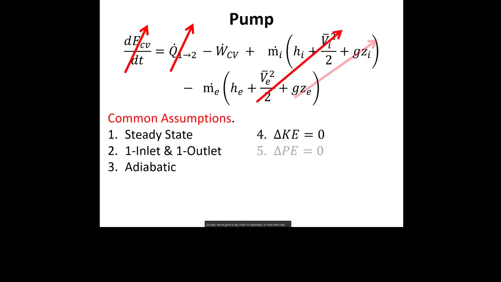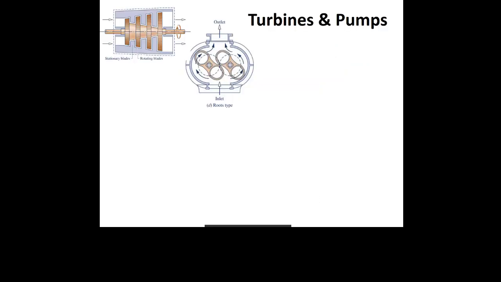We're going to neglect kinetic and potential energy changes, and we end up getting the same expression that we got for turbines. That W dot is equal to M dot times H in minus H out, right? Now, here's the thing about turbines and pumps. We get the same equation, because they're both doing the same energy transaction.